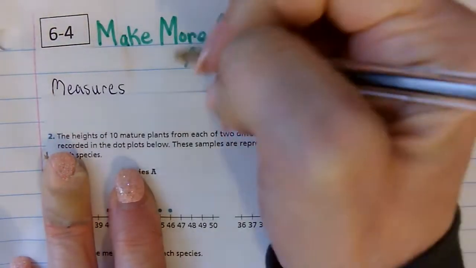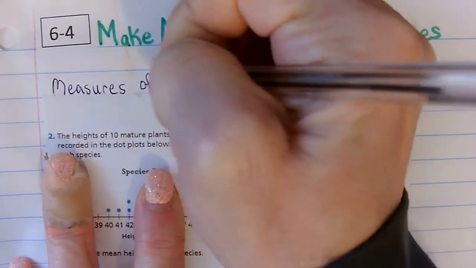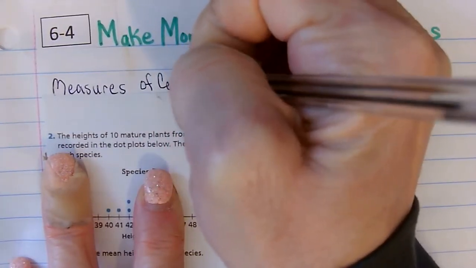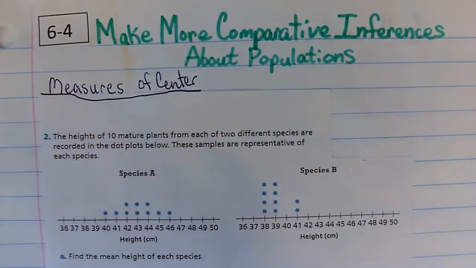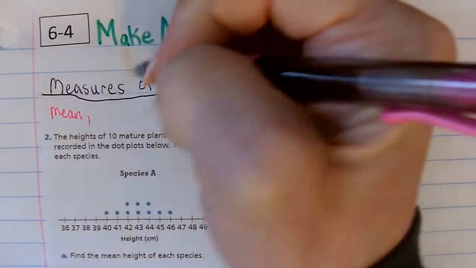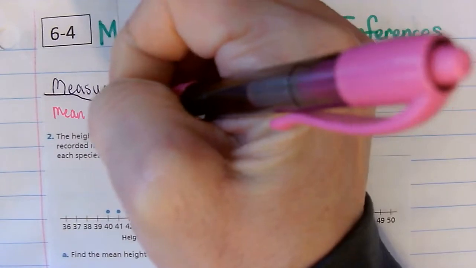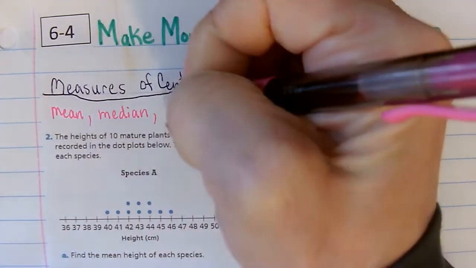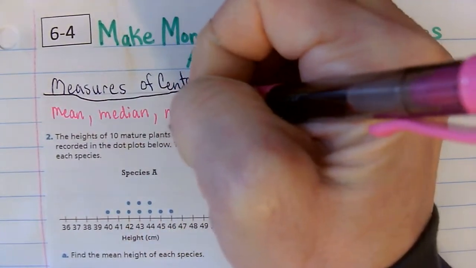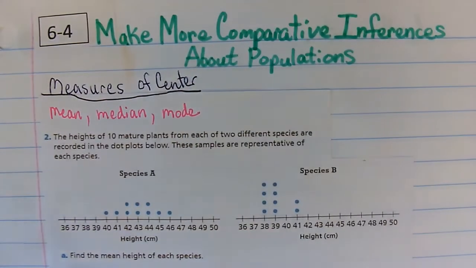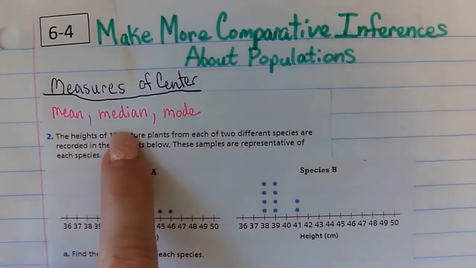Measures of center, okay, that would include mean, median, and mode. Usually mostly just mean and median, however.